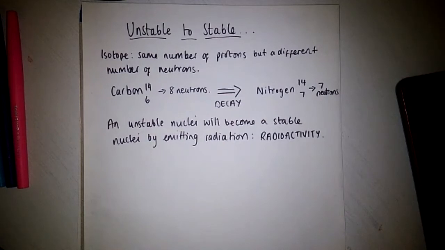Like we said, they remove that radiation from their nucleus to become stable. So the thing that they give out will be something like an alpha particle or a beta particle or gamma radiation. They are the three types of radiation that we're going to talk about.